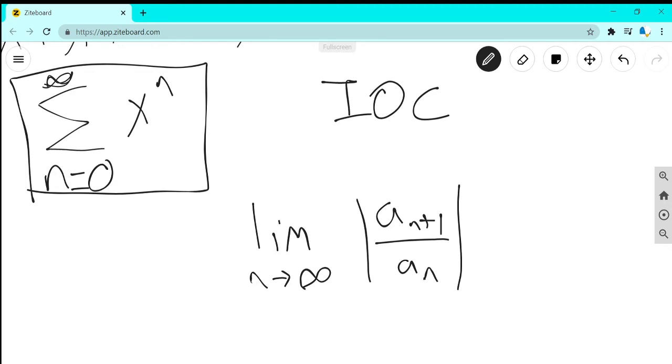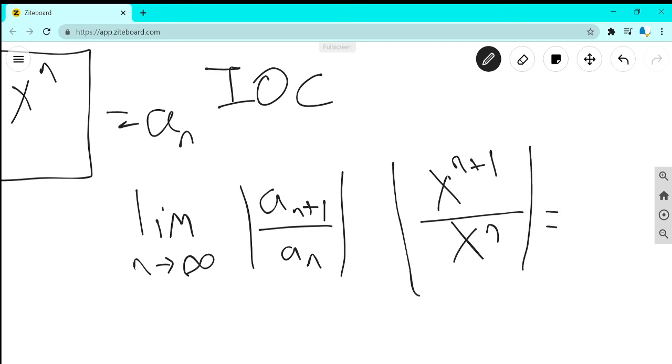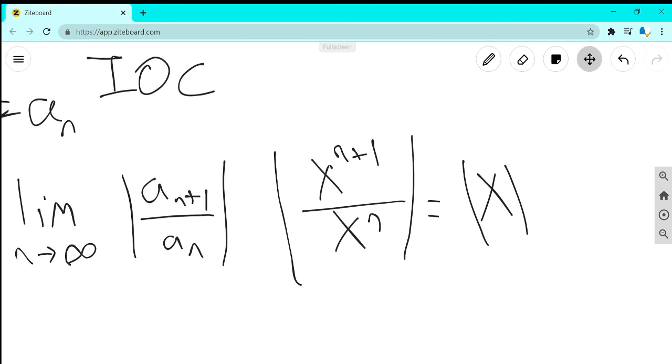Let's call our series a. So that's just going to be x to the n plus 1 divided by x to the n, which is just equal to the absolute value of x.